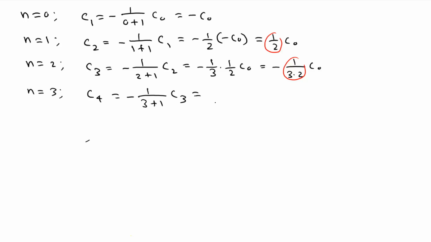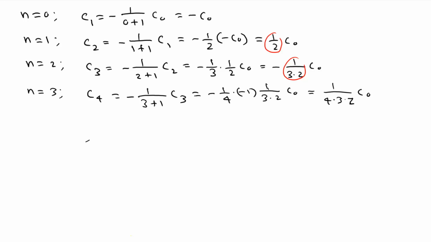We already know the c3 value, so it is negative 1/4 times negative 1/3 times 1/2 c0. If you simplify all the way, you get 1 over 4 times 3 times 2 c0.